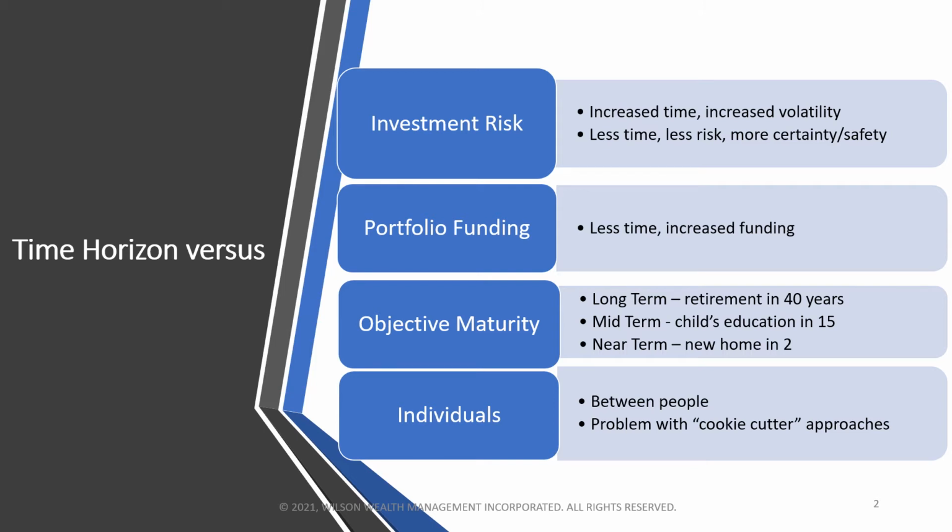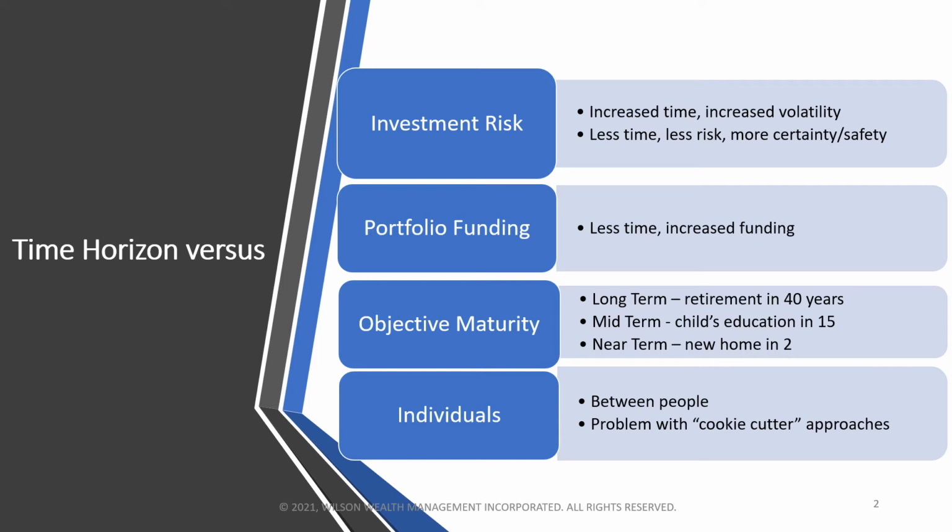The maturity of an objective is also important to consider. You might have a long-term investment objective, say retirement in 40 years. For that specific objective, you can take on more risk because it's a long-term time horizon. Your child's university education in 15 years, medium term.